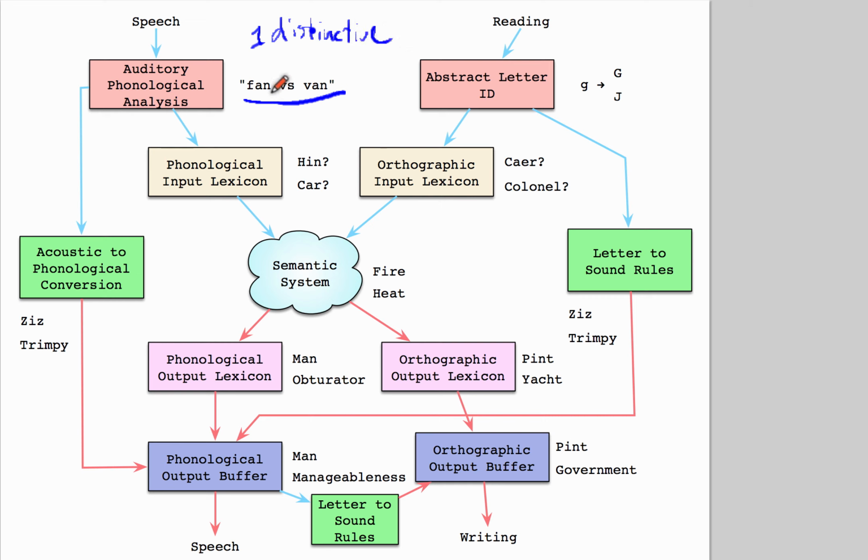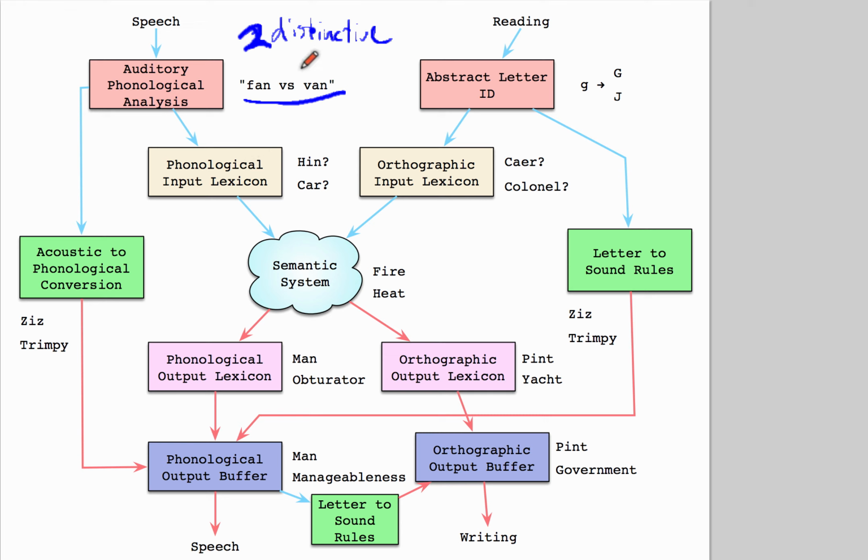If we were to do fan and ban, that is an easier distinction to make. And so with patients who have problems here, and if they're severe, we may have to try tasks that have two distinctive features before we get some accuracy, right?